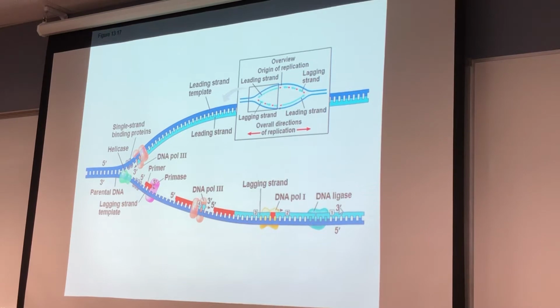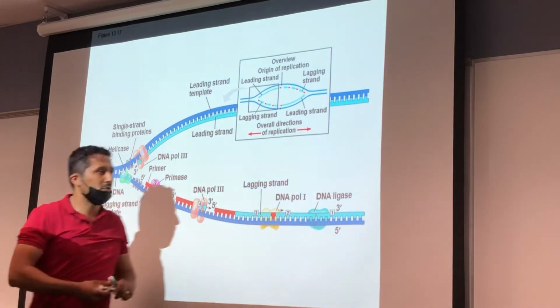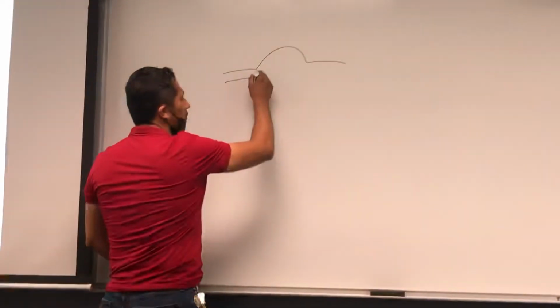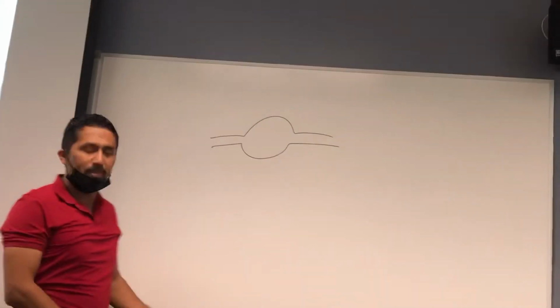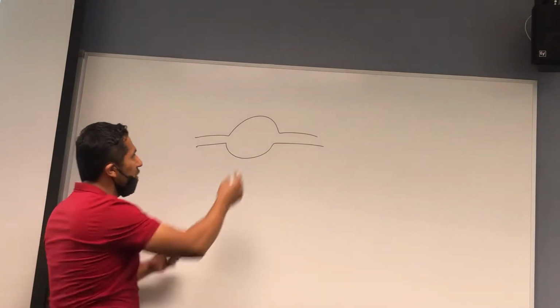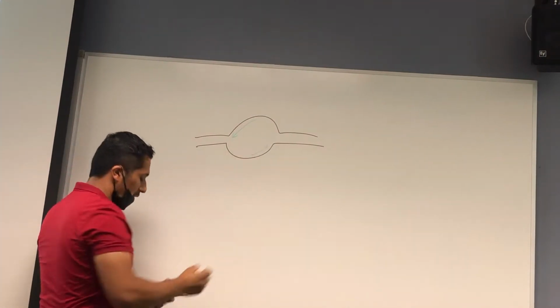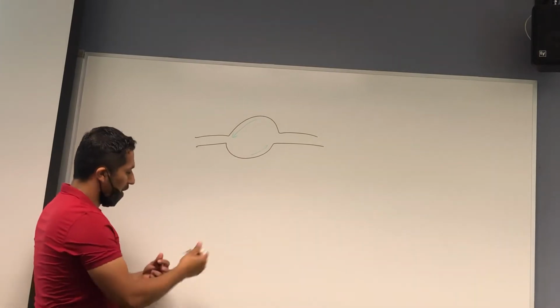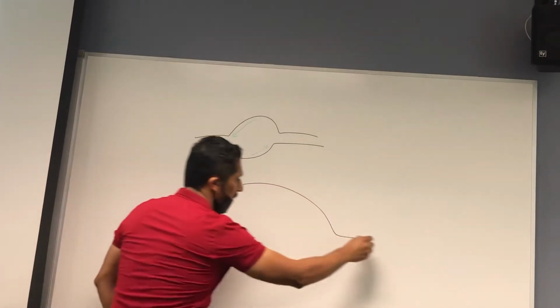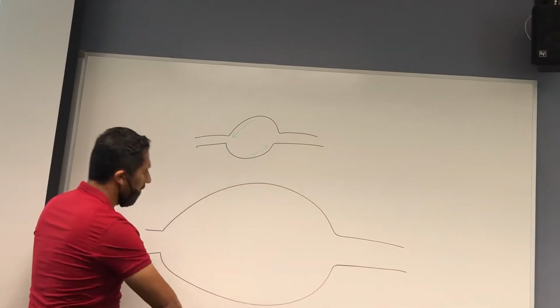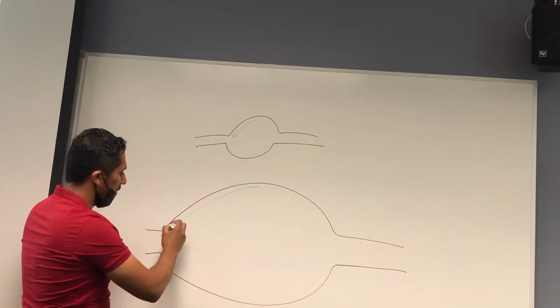So notice here, this is the replication fork. This part right here will become the leading strand. Once you have a big replication fork, this will continue to elongate.